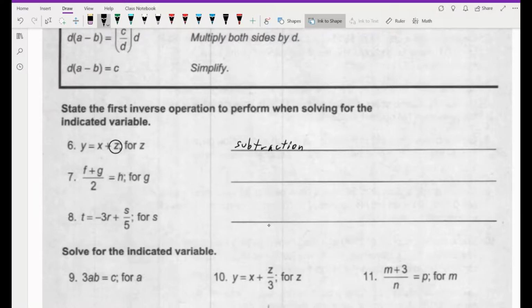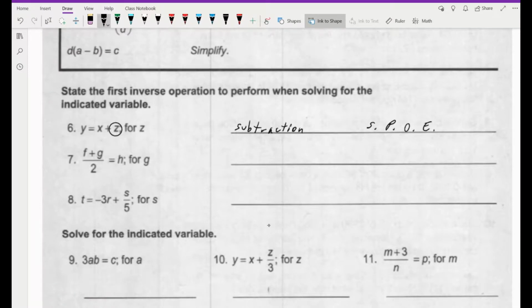We're using what's called the subtraction property. And I'm sorry, all we have to do is actually state the property. The proper term would be the subtraction property of equality, SPOE. But for now, we'll just call it subtraction.